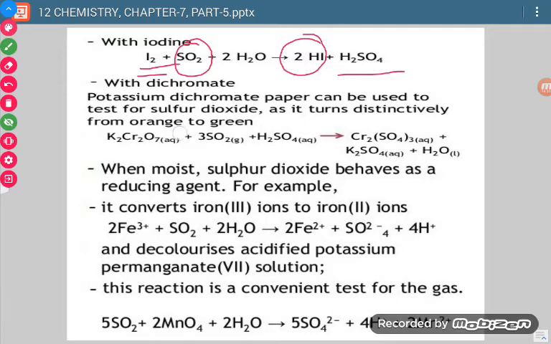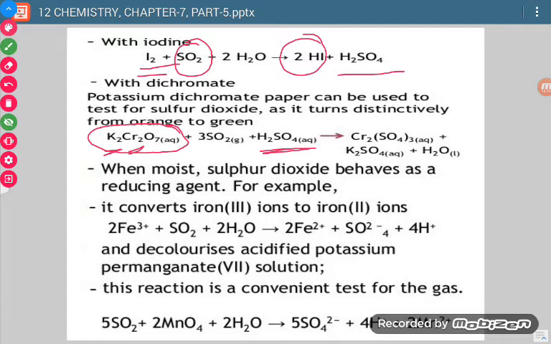If I treat it with potassium dichromate in acidic medium, there is formation of the respective sulfates of both the metals present in dichromate, potassium and chromium. So chromium sulfate and potassium sulfate will be formed.